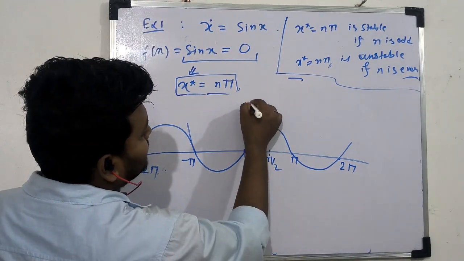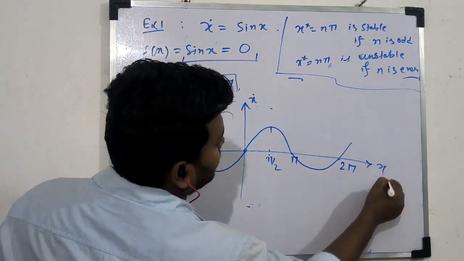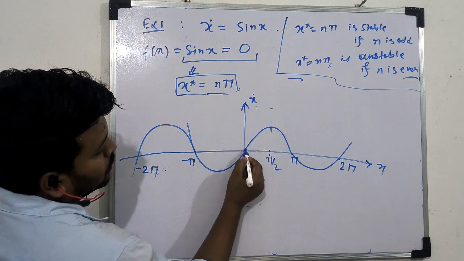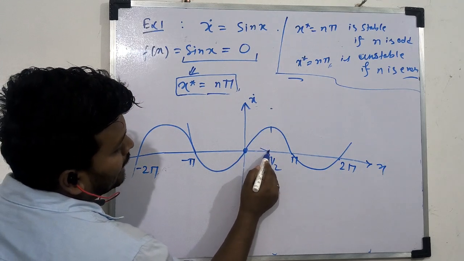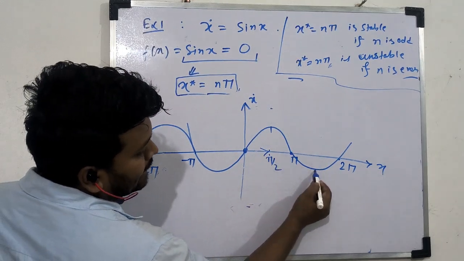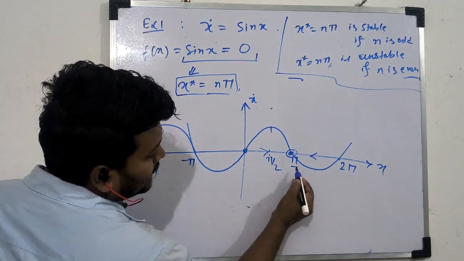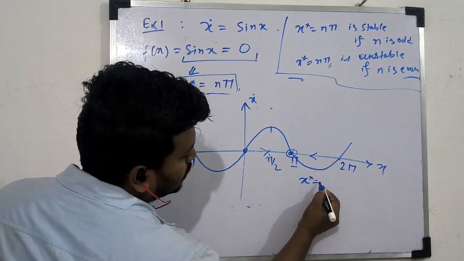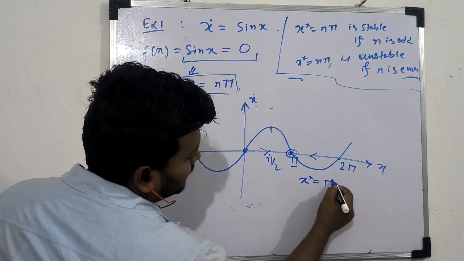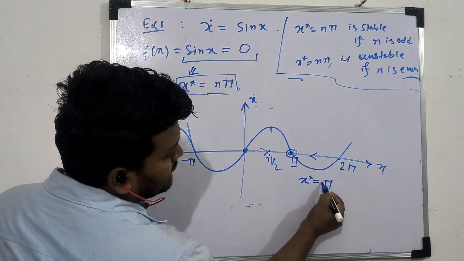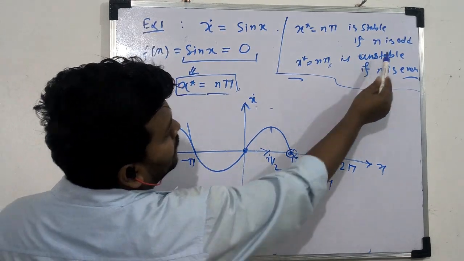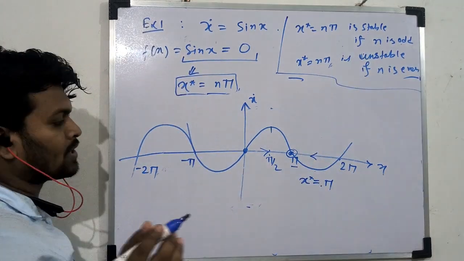This is x dot and this is x. As x star greater than 0, the arrow will be right, and when x star is less than 0, the arrow will be left. So therefore this is stable. So x star equal to n pi, n is odd, is stable. So we have proved graphically.